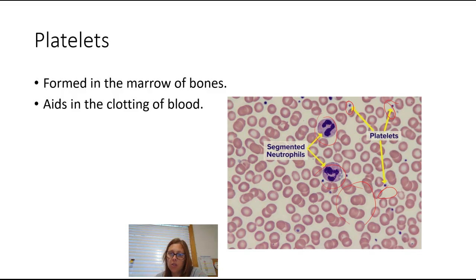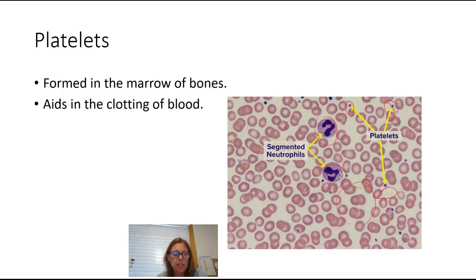So they do play a role. Some people are missing a factor VIII in their blood, which prevents their clotting of blood, and then will require certain injections to make sure that if they do in fact have an incident where they are bleeding, that their blood will clot, and so that they don't bleed out.